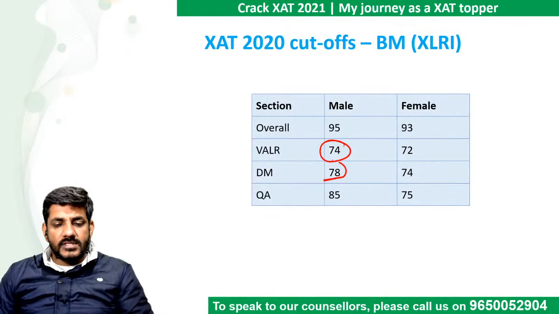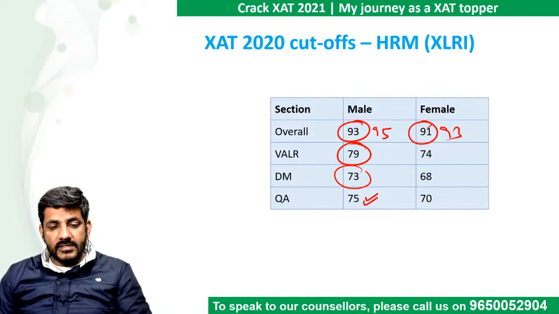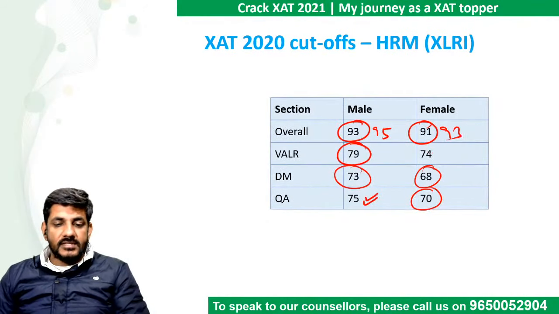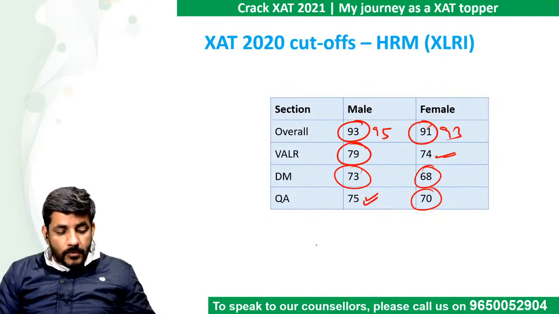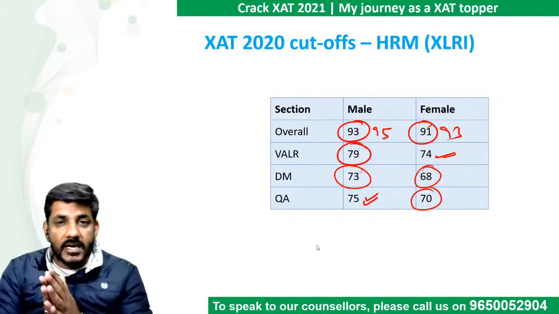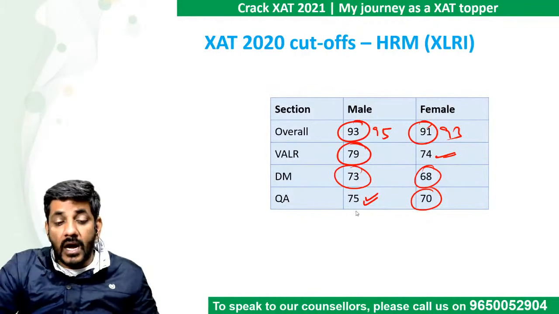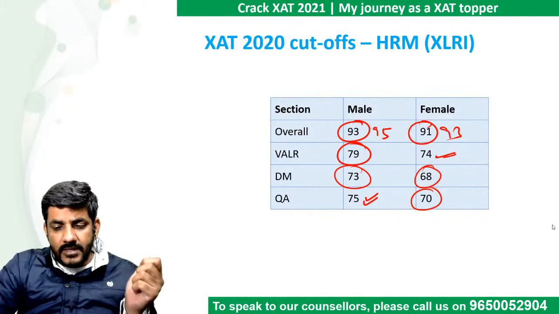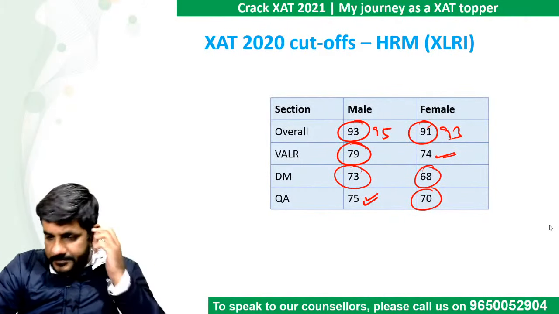Decision making was 78 before, and it has decreased. Quantitative ability has decreased. But here again, you see it has increased for HRM. So basically, we can say for the HRM course, XLRI is looking for a higher score in verbal ability. In others, it can be a bit lower than those, right?